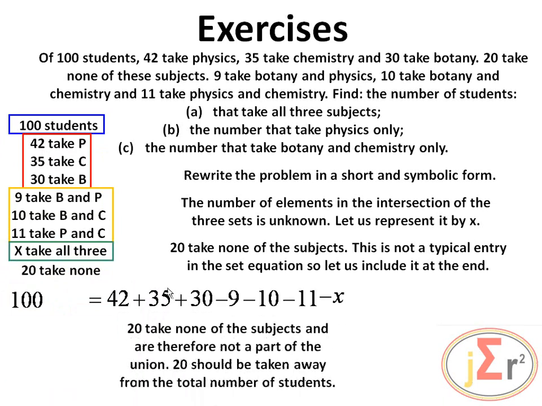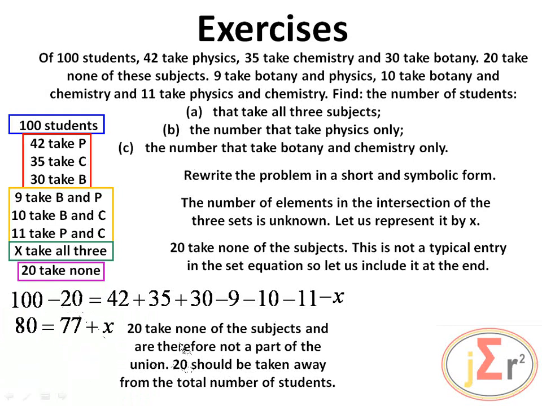And then we focus on the 20 that take none of the subjects and are therefore not a part of the union. So 20 should be taken away from the total number of students, because 20 students take none of the subjects. That 20 will not be a part of the union. So we have 100 on the left hand side, and 20 of them do not belong to the union. So we subtract 20.